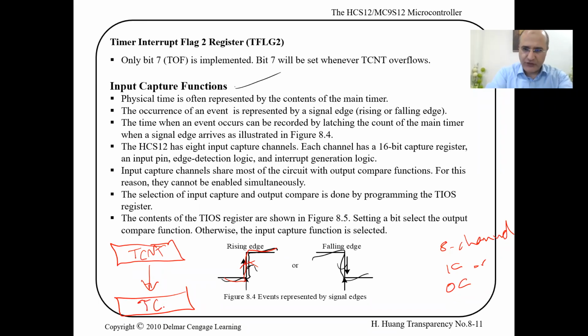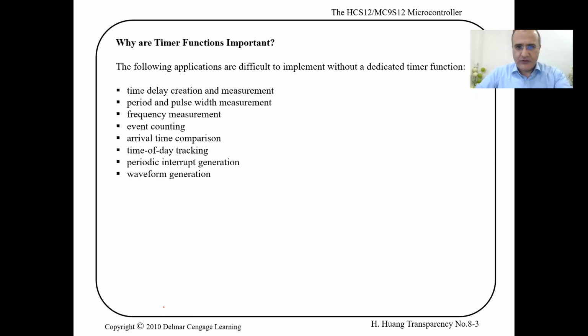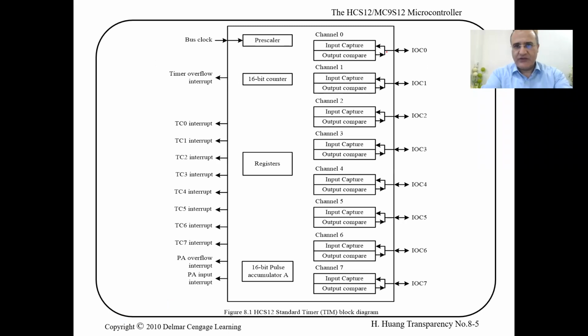If we configure the pin as capture, see, we said last time that each of these channels you can configure as input capture or output compare. Each one of these has a data register called TC0 for here, TC1 for here, TC2 for here, and so on, TC7 for channel 7.